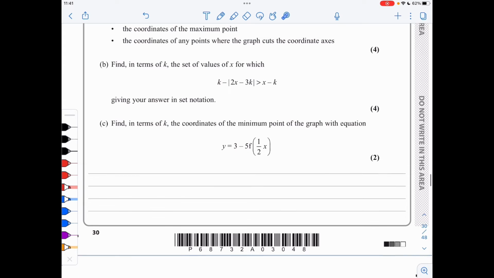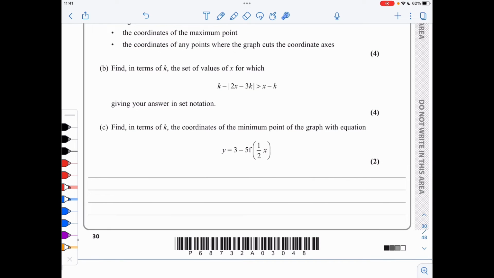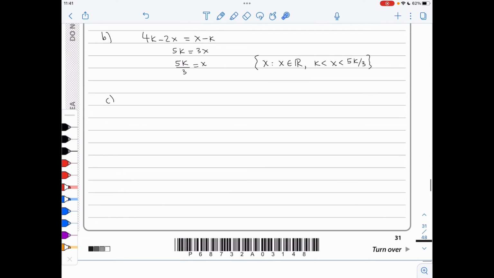And then part C, we need to find in terms of k the coordinates of the minimum point of the graph with this equation. So we really need to consider the transformations and how these affect the x and the y's. So I'll start by writing out what we have been given. Y is 3 minus 5 f of half x. So let's start with the 3 here.